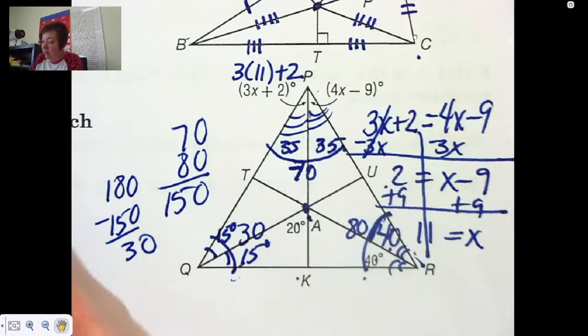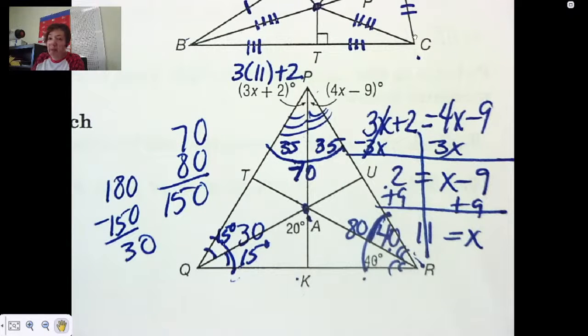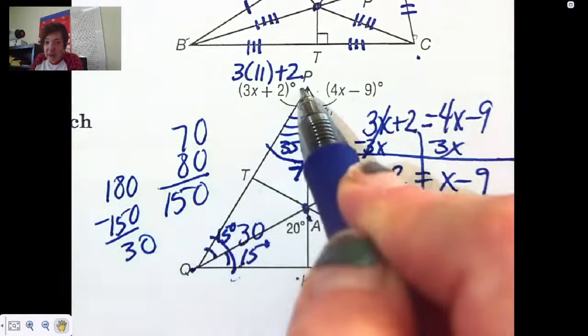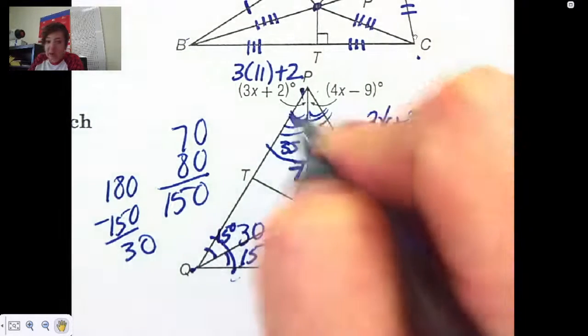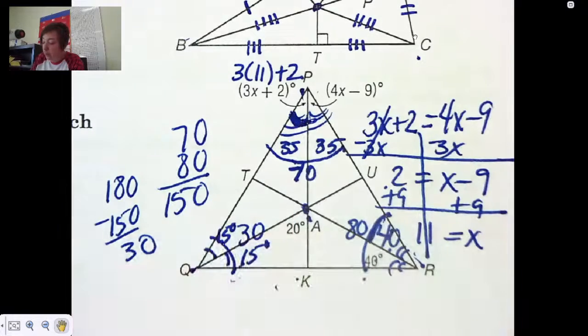We already found it. 40 degrees. We're going to skip 11 and come back to it in a minute. Angle QPK. So Q, P, where's the P? Up here? P, K. So we're looking at this angle right here. 35. So we know it.